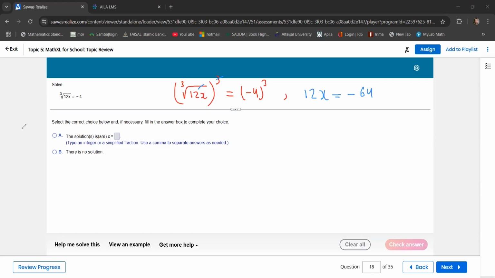And we should divide by 12 for both sides. Divide by 12 here and divide by 12 there. So x will be equal to -64 divided by 12. This will give you -16 over 3. And that's it for the value of x.